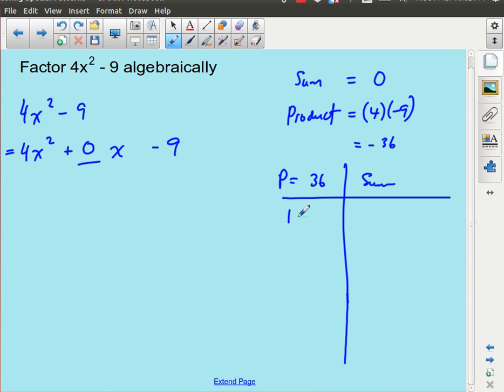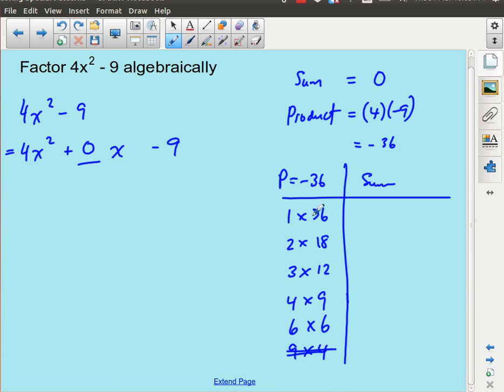So 1 times 36, 2 times 18, 3 times 12, 4 times 9, 6 times 6, 9 times 4. Okay, I've gone around. I'm duplicating things here. The product is not positive 36. The product is negative 36.